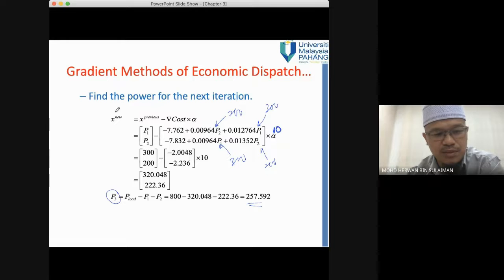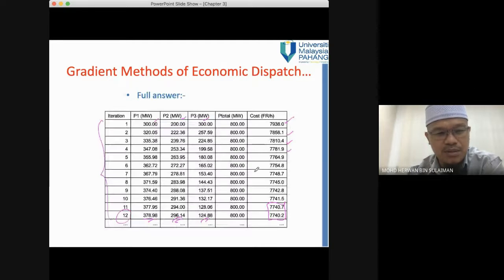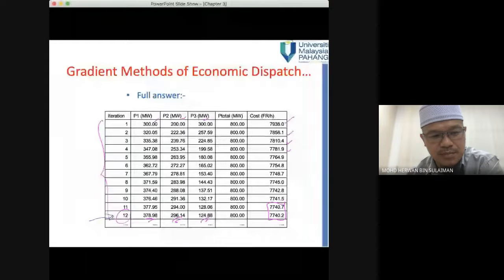X new for the second iteration. Okay, so P1, P2, P3. Calculate the cost. Again, repeat. Get the third iteration. Calculate the cost. Fourth iteration. So here, until about 12 iterations. Okay, 12 iterations.